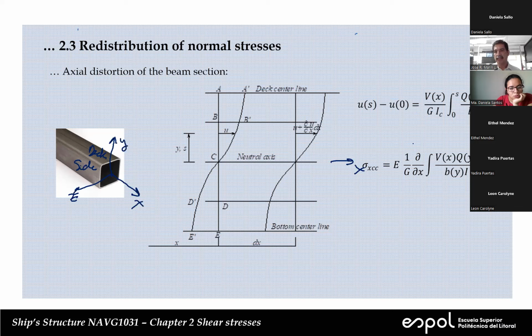And the rest is du dx, and this is epsilon x. If we multiply by E, this is what we obtain. This CC here in the subindex is in Spanish, corrección por corte, shear correction. That's the way we are going to call it for now.